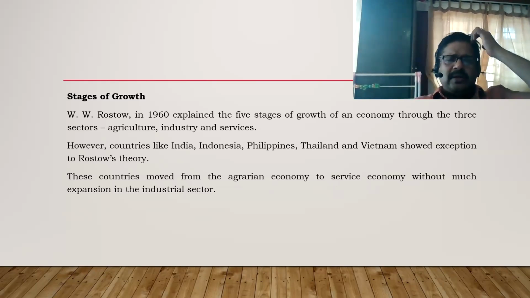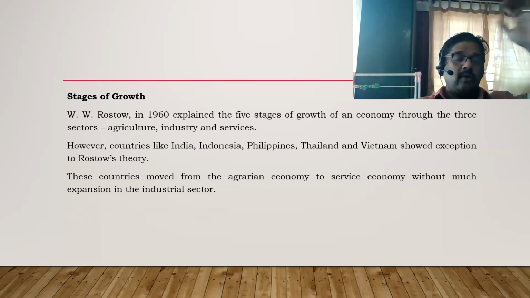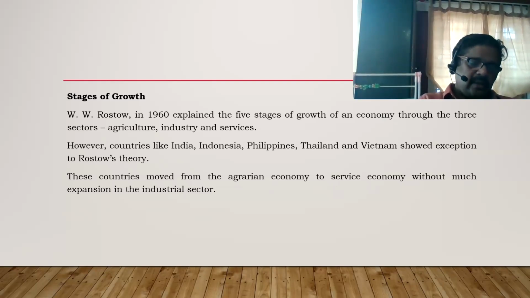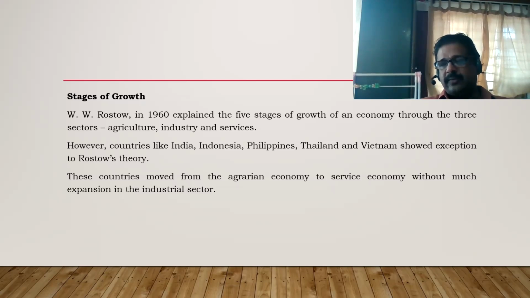This is just to understand how an economy grows or develops. In 1960, W. Rostow explained the 5 stages of growth of an economy through the 3 sectors: agriculture, industry, and services. That is, an economy in the initial stages will be an agrarian economy, where agriculture is the dominant activity of the people.